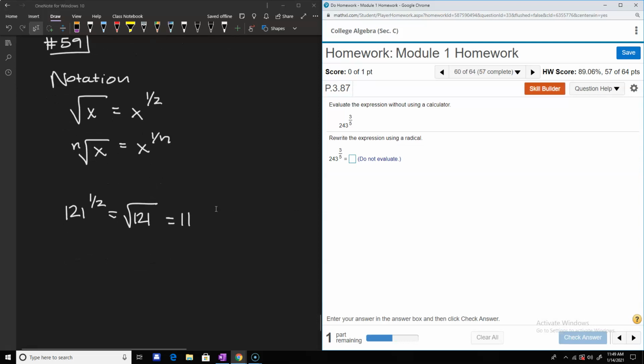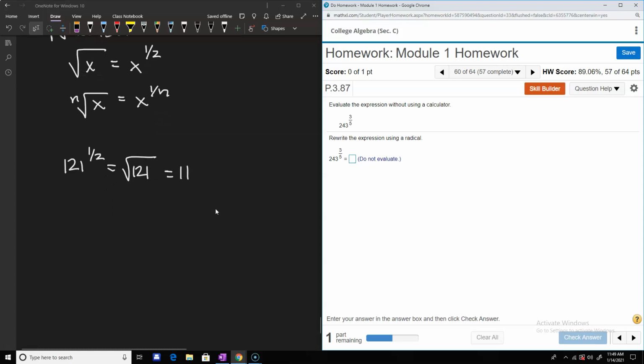Okay, when you have multiple powers, the top power goes with the x, and the bottom number is always the root. That's the easiest way to think of it. So if we have 243 to the 3 over 5, the 3 would be the power, and the 5 would be the root.